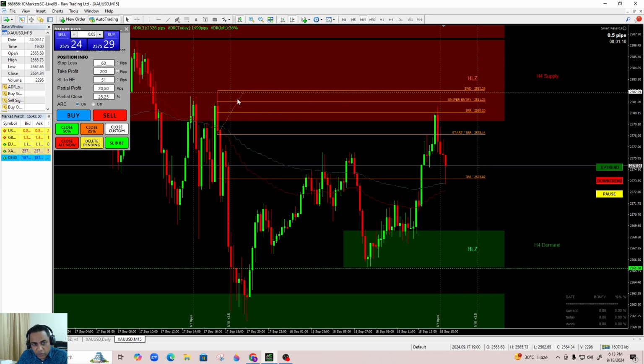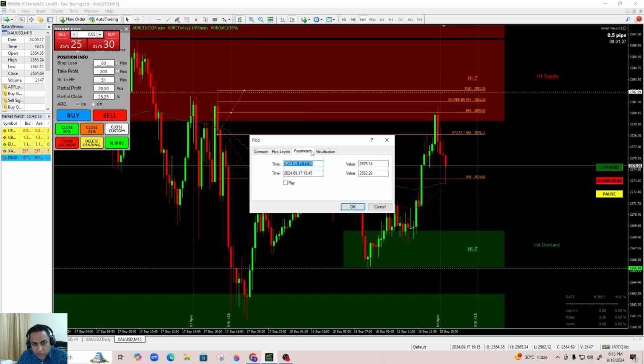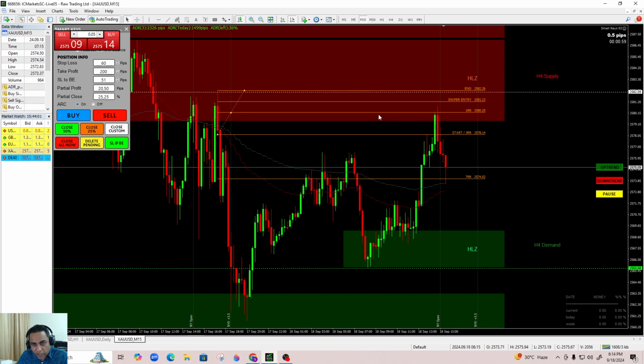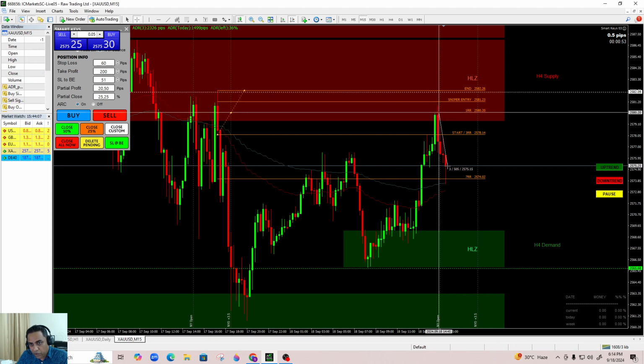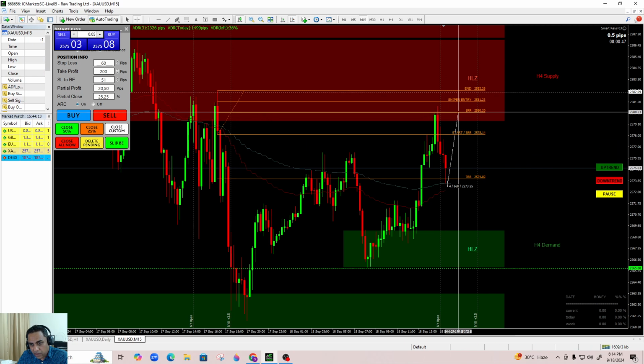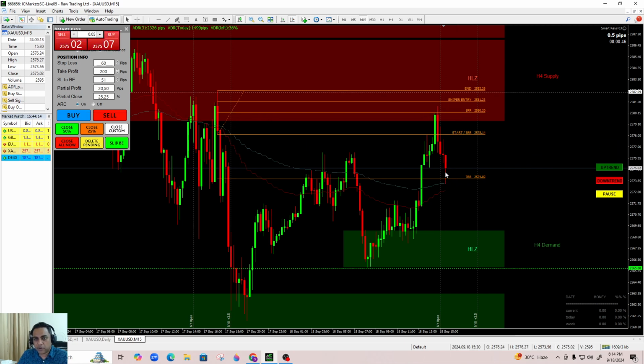If you open the properties of the fib, you'll see that 0.5, which is the 1 RR level, is the midway of the fib, and that's where price touched it beautifully to the pip, with zero drawdown and a zero float entry, and dropped from there 60 plus pips, right?